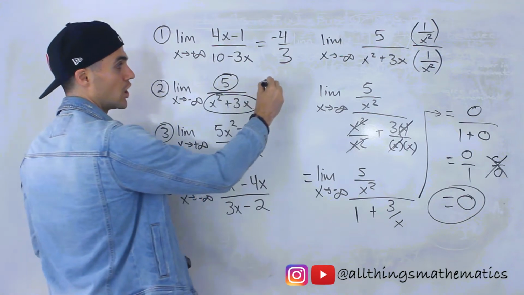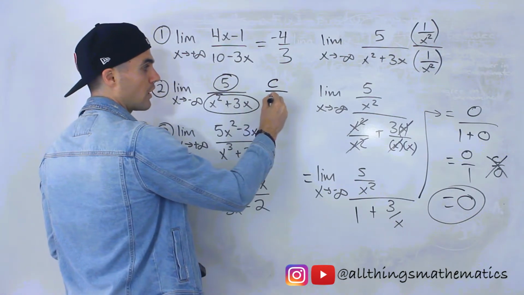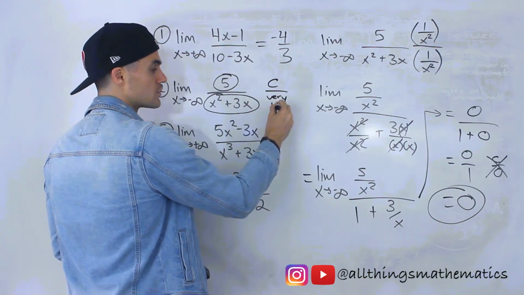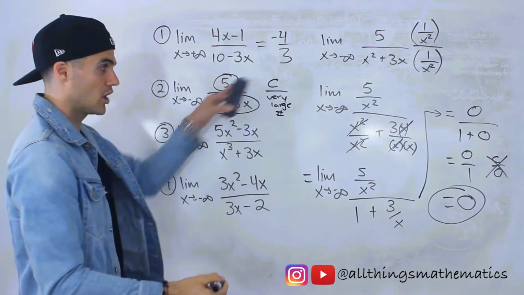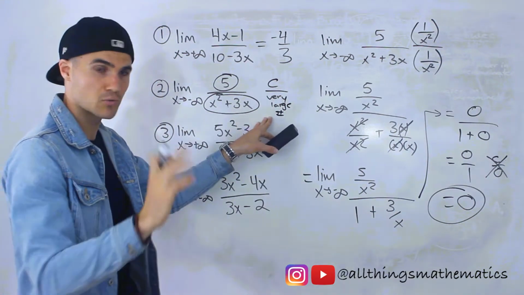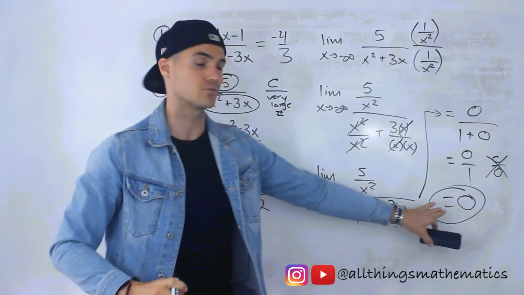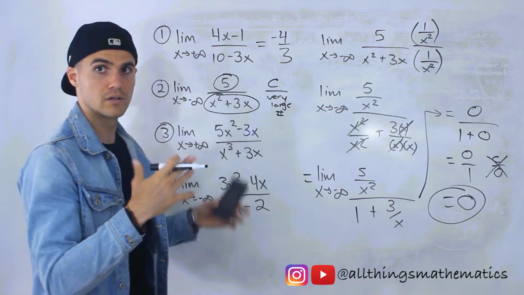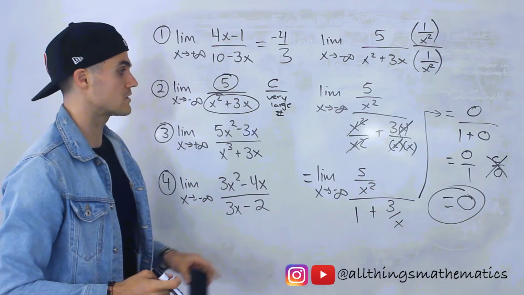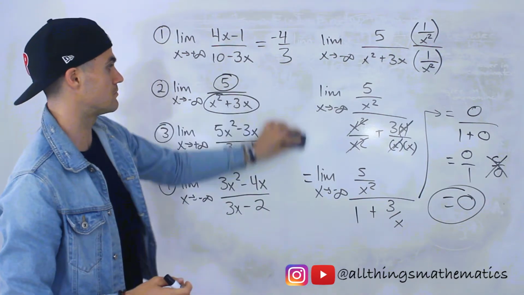So you're going to have a constant over a very large number, and a constant over a very large number is going to be really, really close to 0. So when you look at these from a higher level, it should make sense to you as well. Your answer should make sense.